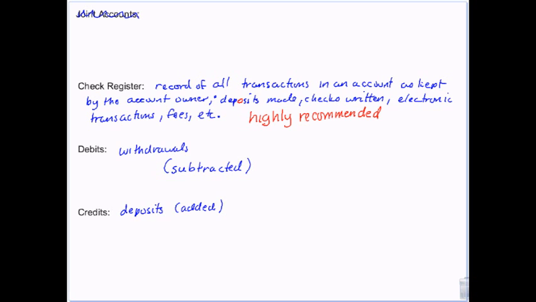So you spent $3, but it cost you $38. It's very easy for that to snowball and become a really big debt that you owe the bank that's hard to get out of. It can happen really quickly. So that's why I'm saying a check register is highly recommended.